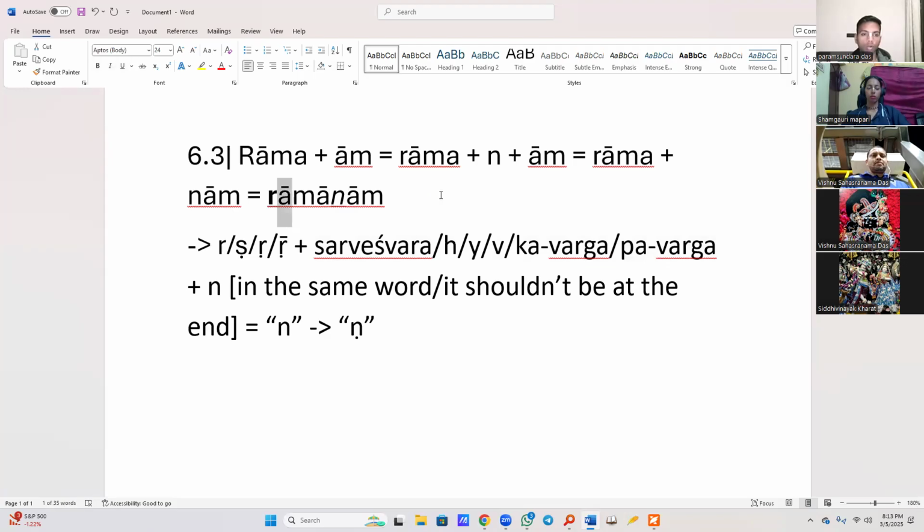So let's see if they are belonging to the interventions which are allowed. So we have the long A, they are Sarveshwaras, so they are allowed. And then we have the letter Ma, Ma Rama. Ma Rama is also allowed because it's part of Pavarga. Thus, this Na and this Na is also situated in the same word, and it's not situated at the end of the word. It's somewhere in the middle. So Na will become Na.